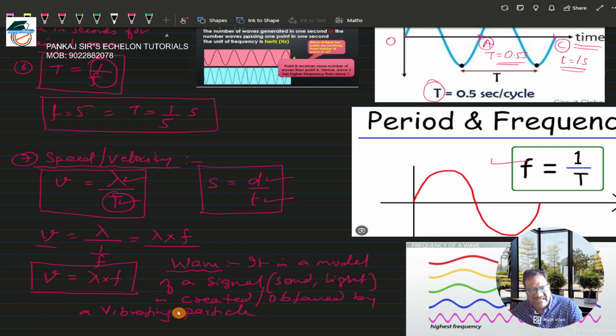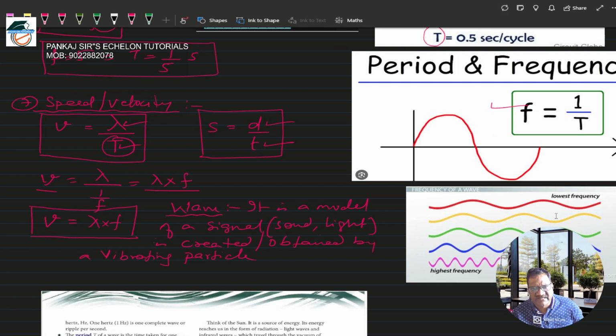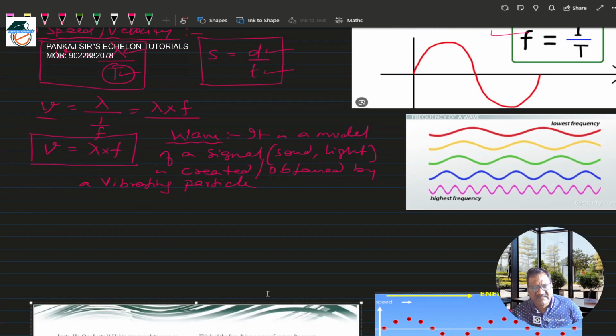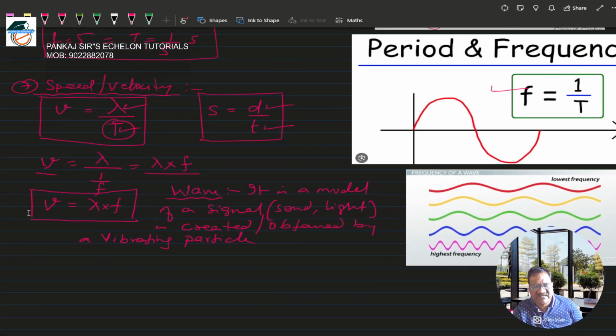So any particle which is vibrating will always create a wave. And when this vibrating particle creates a wave, the particle will be vibrating in one plane only, and the energy is moving along the wave.